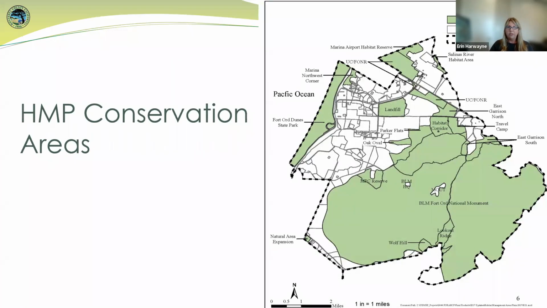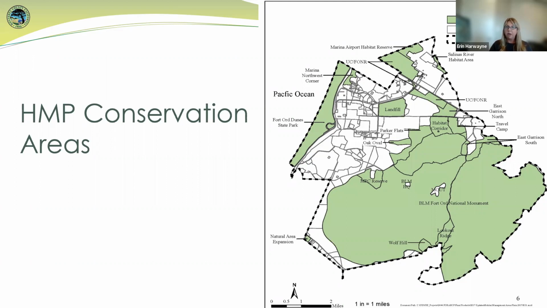So here's what those conservation areas in the HMP look like. This is a really broad overview. The HMP is a lot more detailed than a green and clear map or white map that you see here. Generally speaking, the areas without color are designated as development parcels without any habitat management requirements.